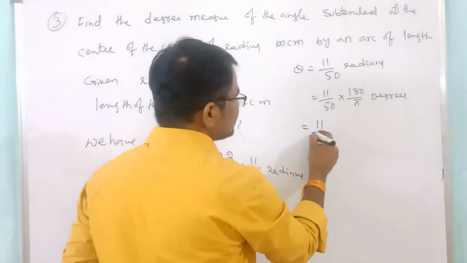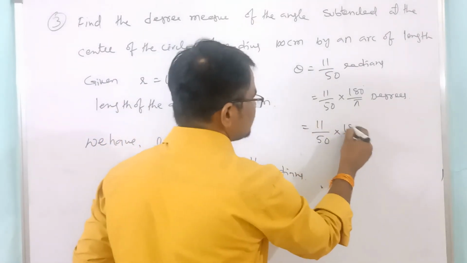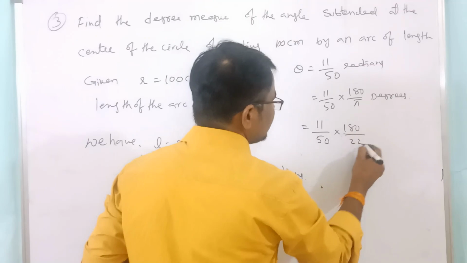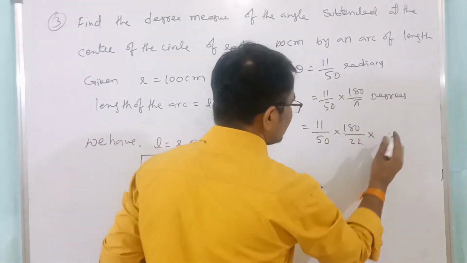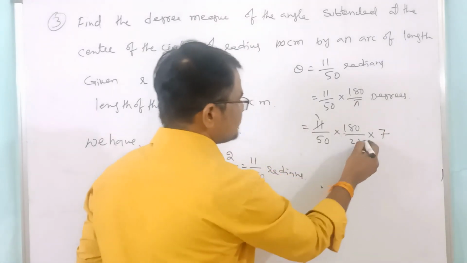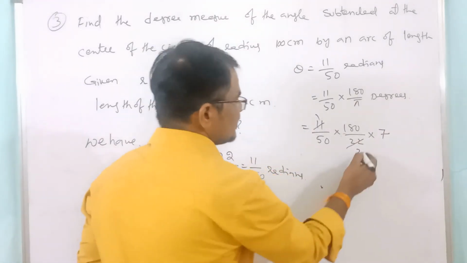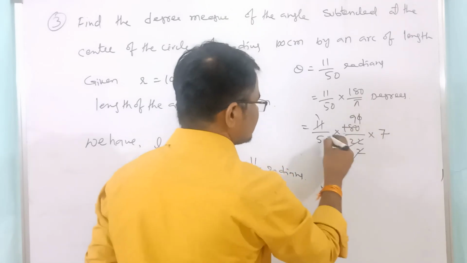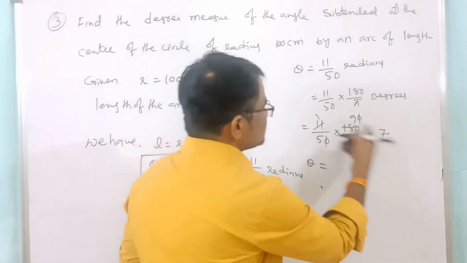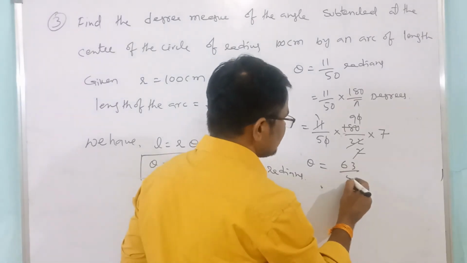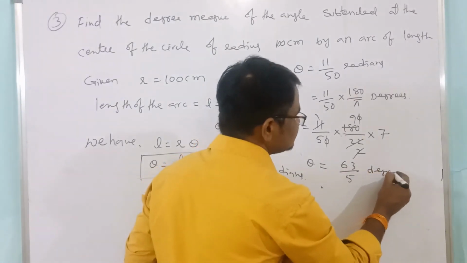Again if you want to simplify, 11 by 50 into 180 by 22 by 7, that is into 7. Right? Now 11 one time, this is 2 times, and this 90 gets cancelled. That is equal to theta equal to 63 by 5 degrees.